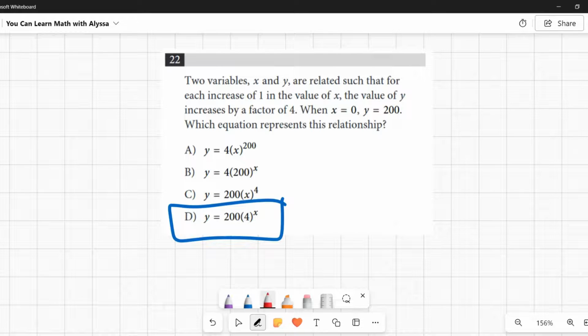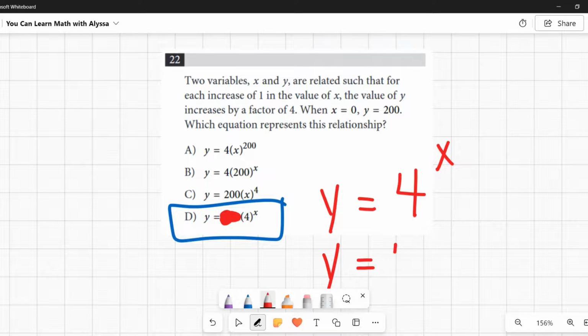So think about it. The 200 is kind of irrelevant. Let's just look at it as this point, because the 200 is staying there all the time. It's not changing. It's the 4 to the power of x that's causing the change. So let's pretend it's just this: y equals 4 to the power of x. What happens when x is 1? y is just equal to 4.